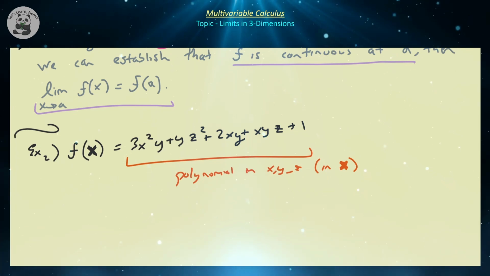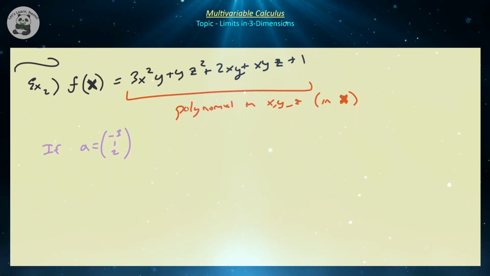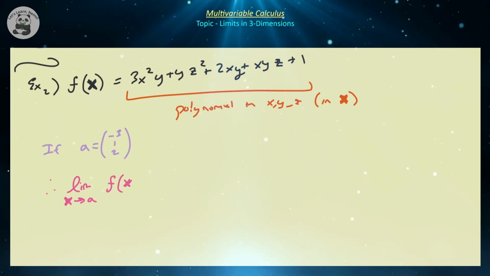So let's assume that we also want to see what's going on at the point a, which is equal to (-3, 1, 2). So what is the behavior of this function at this particular point? Therefore, what is the limit as x approaches a of this particular function f of x?